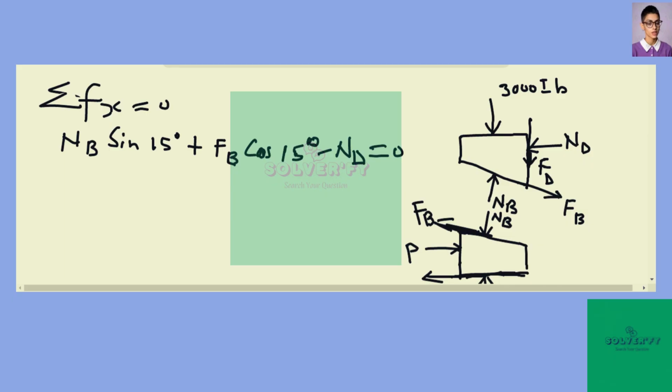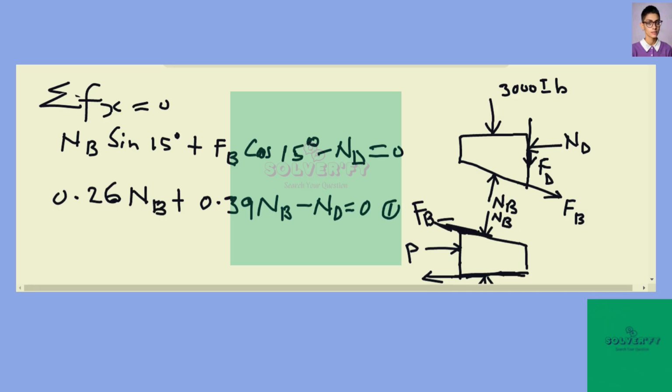When you work this out, you are going to arrive at 0.26 Nb plus 0.29 Nb minus Nd equals 0. We can call this equation 1.